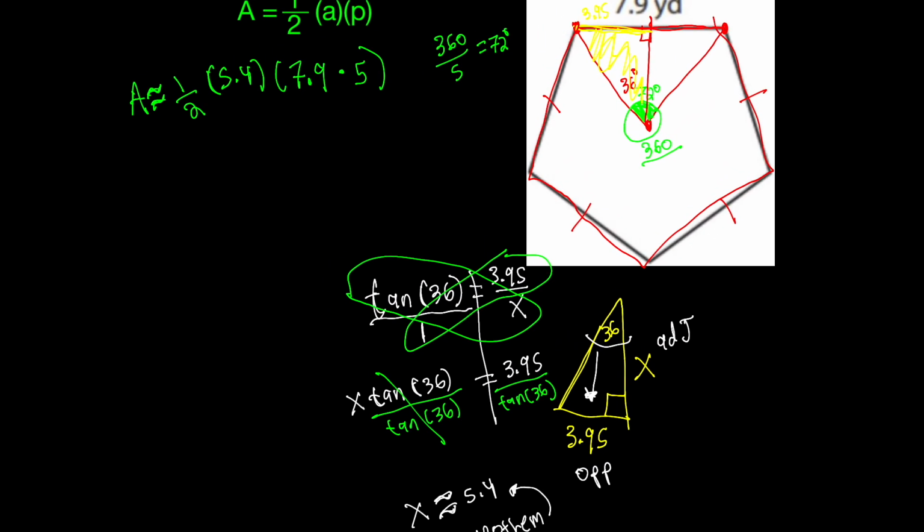And let's go ahead and calculate this. 1/2 times 5.4, I'm going to get 2.7. And then 7.9 multiplied with 5, I'm going to get 39.5.